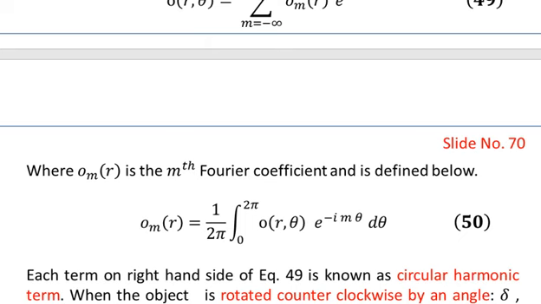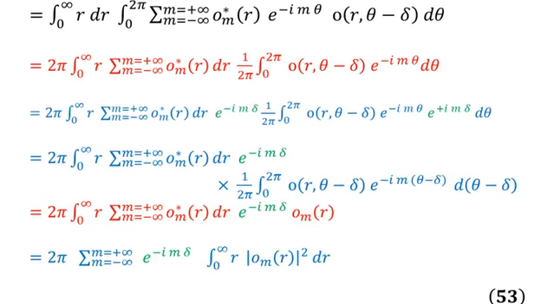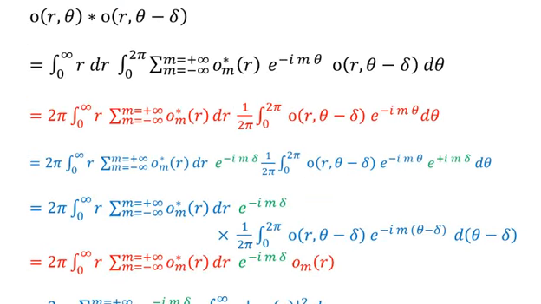So you see that in the integral, theta appears as a variable in O, that is O as a function of r and theta. Theta appears over here, then again in the exponent, and in d theta. So if theta is the same in all three places, then we can replace it with equation number 50, which is the case here, because we have theta minus delta at all three places.